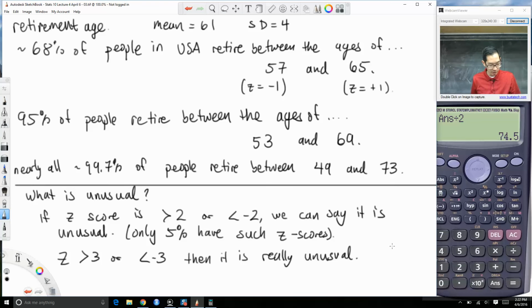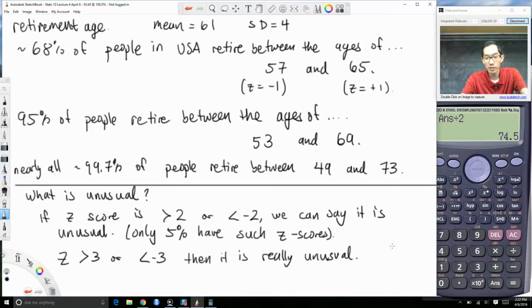A z-score greater than 3 or less than -3 is pretty unusual. Every now and then you'll get a z-score of +6 or something. If a z-score is 6 standard deviations away from the mean, then that's really, really, really unusual. It's like a 1 in a million or 1 in a billion type of situation.